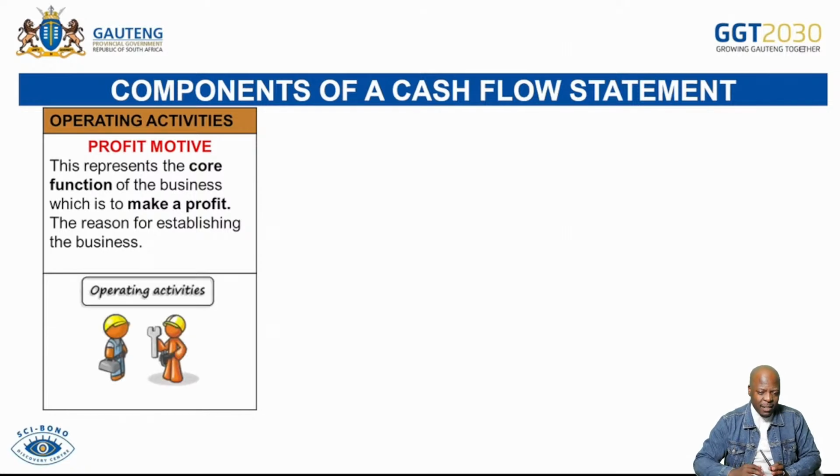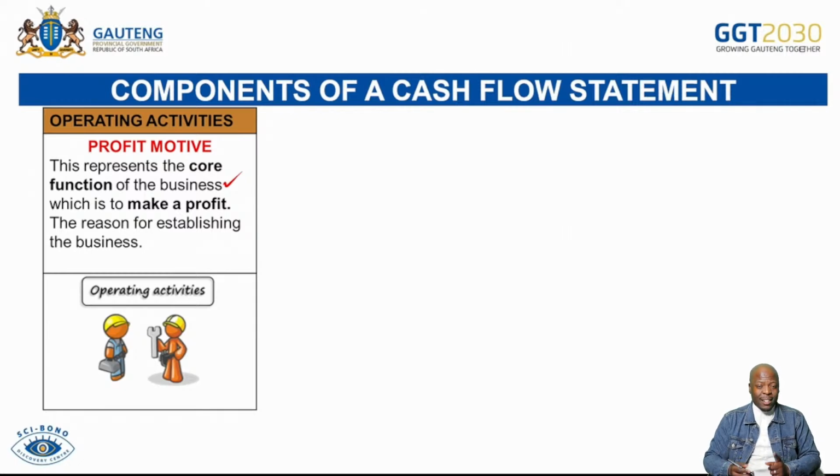In your operating activities, this is where you have the profit motive. This represents the core function of the business, all right, which is to make profit. So this is the area where we trade and make profit. And this is the main reason why we established this business. So we're going to be looking at our operating activities.